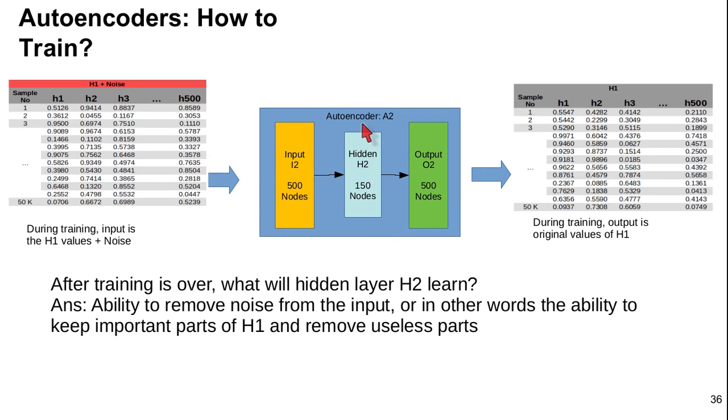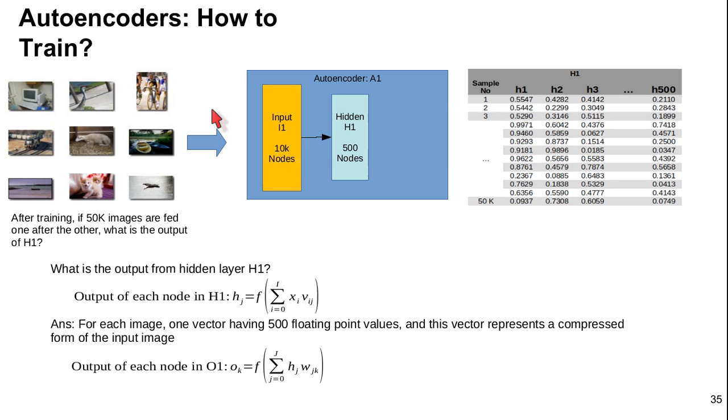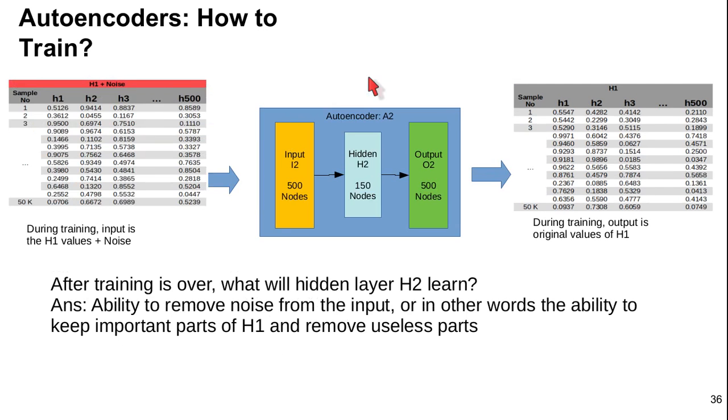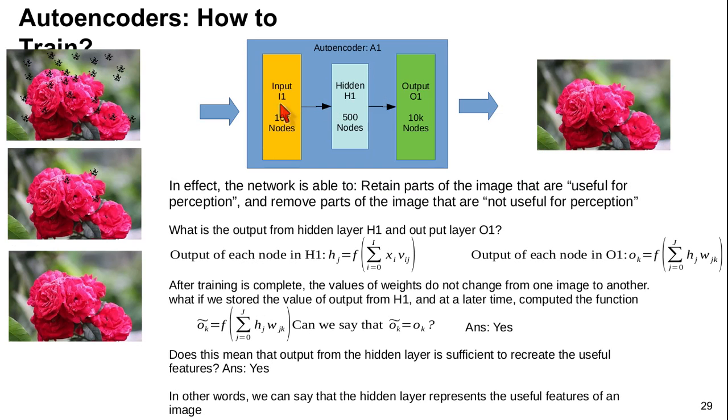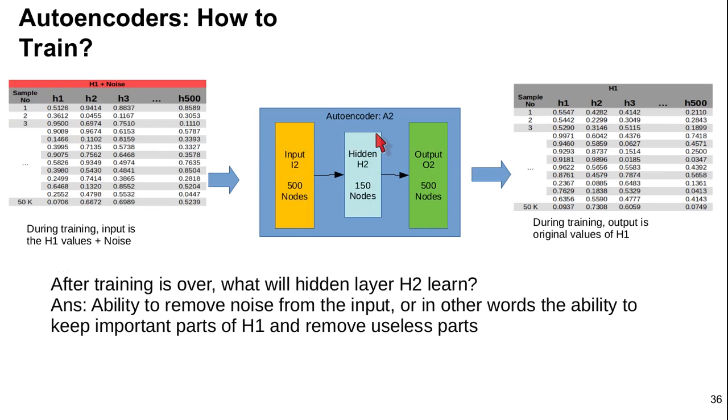The autoencoder A2 and hidden layer H2 is operating on the 500 features which are obtained from the hidden layer of autoencoder A1. By extending the argument that we made on this slide to autoencoder A2, we can conclude that the hidden layer H2, which has 150 nodes, is learning a compressed representation of its input.